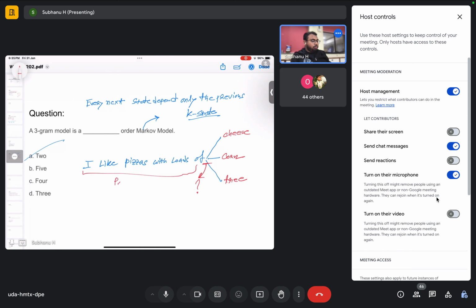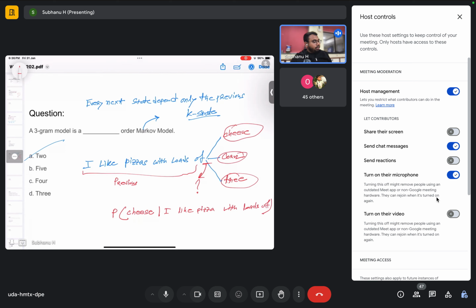You can predict cheese, you can predict corn, or you can predict tree. This is written as the probability of choosing cheese given "I like pizza with loads".